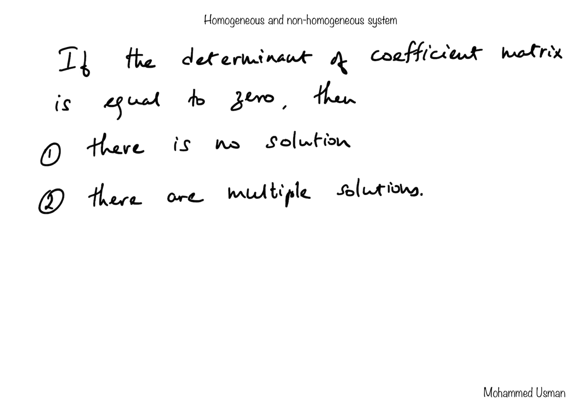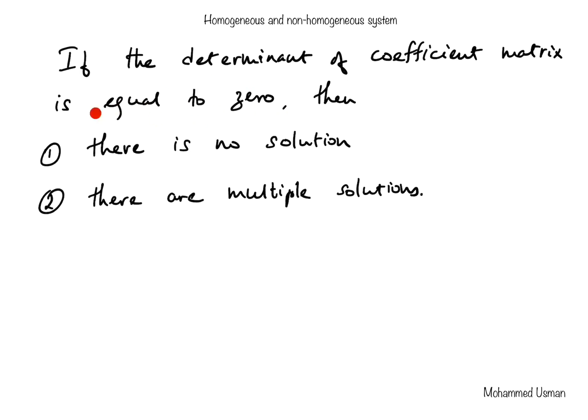Now, how do we know which of these statements is true? That we will investigate in the subsequent video, and we'll need to use other methods to solve these equations and to figure out whether the first condition is true or the second condition is true if the determinant is equal to 0.